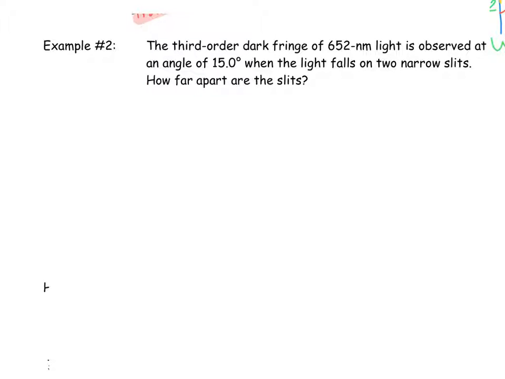Let's write out some givens. Well, what are some things that we know for sure? They're telling us theta, and I'm going to just write out theta as 15 degrees here. It's telling me that it is a third order dark fringe, so I'm talking about the third nodal line.